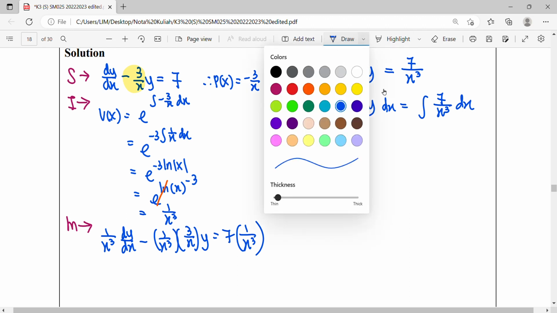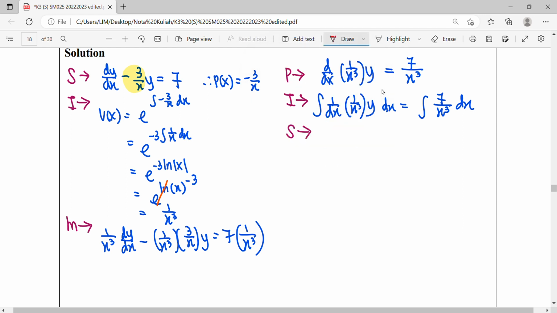Differentiation and integration cancel each other. This is differentiate, then we integrate both sides. When they cancel each other, we can simplify here.